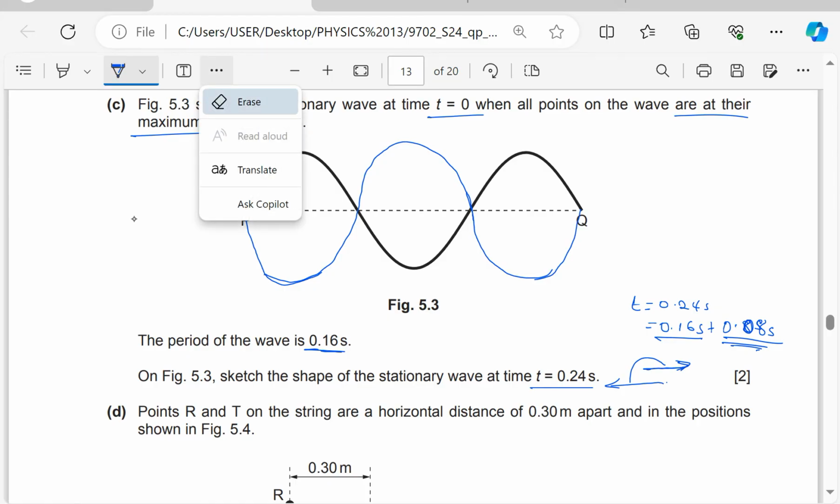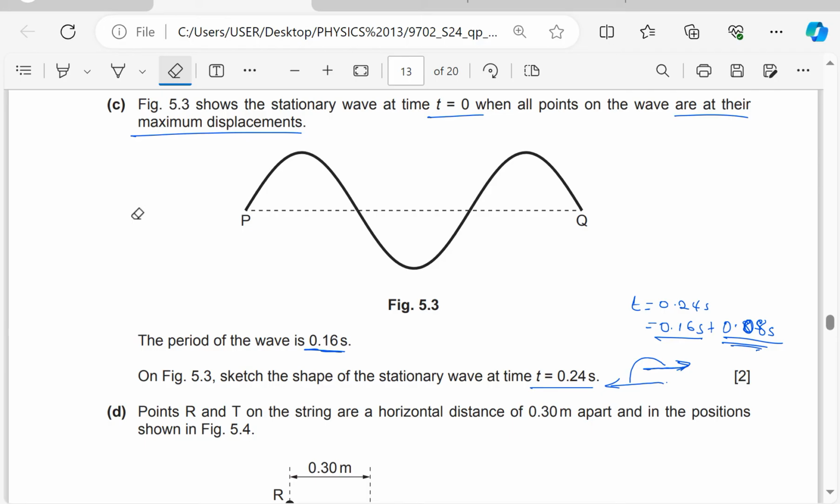I need to be very careful with this. Let me try to use a ruler to ensure that the amplitude of vibration is the same. So my graph should not go beyond this point. So I'll have something like this.